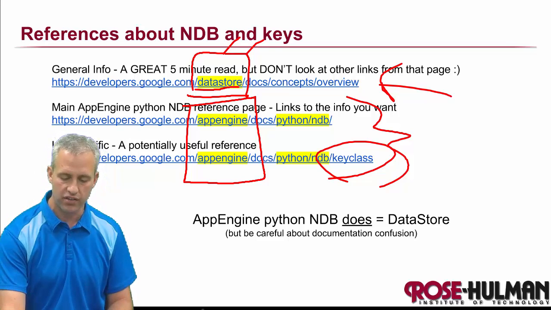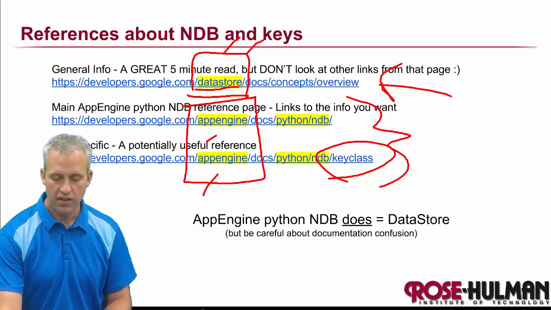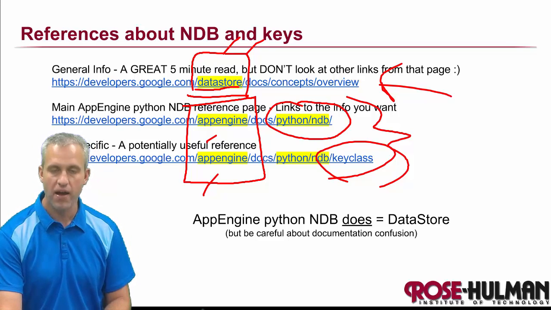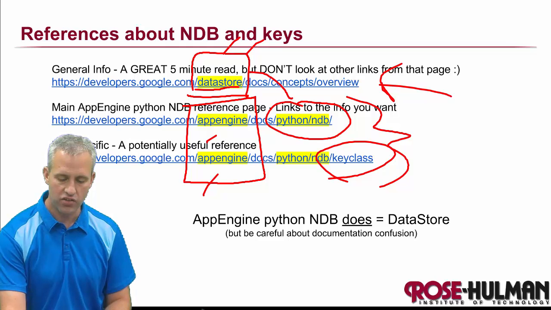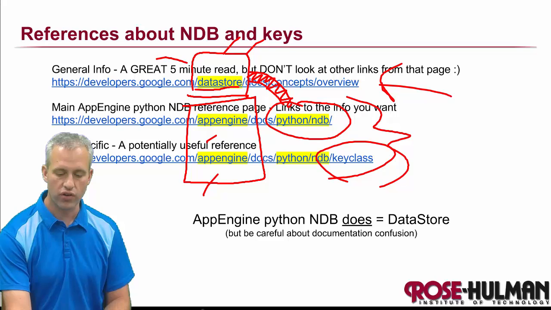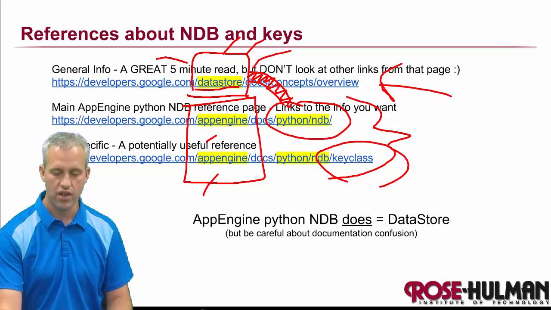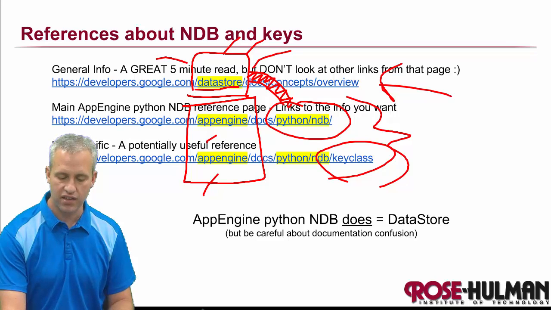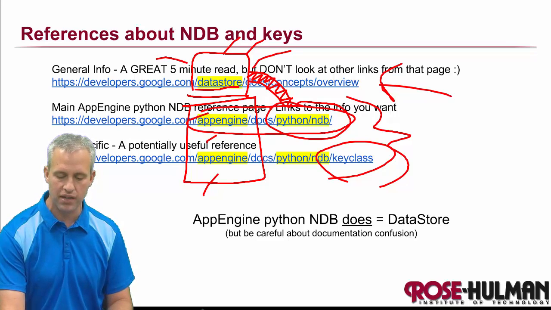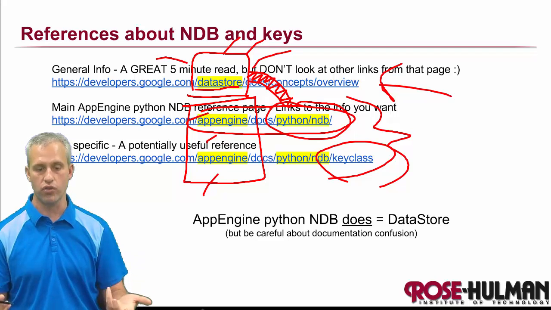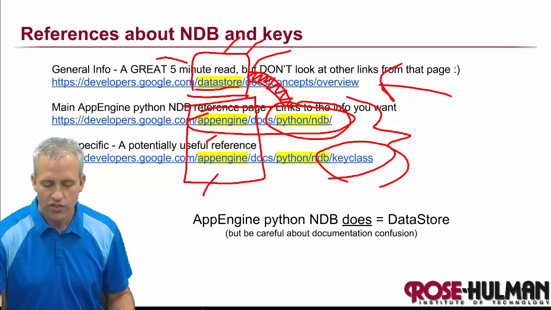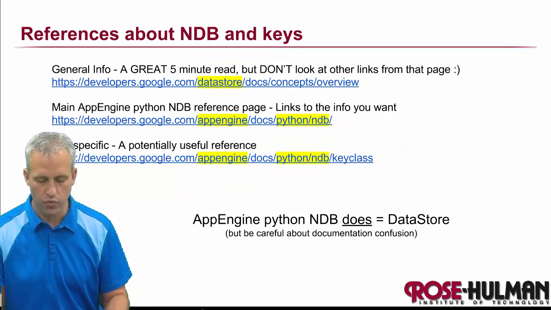So these later links say App Engine in the name, and those are the ones you want. Specifically the words Python NDB and the Datastore, they are the same thing. But if you go to these early links, you'll get really confused because the code is all different. Whereas if you go to anything that says App Engine, Python NDB, that's going to be the style of code that we're using.